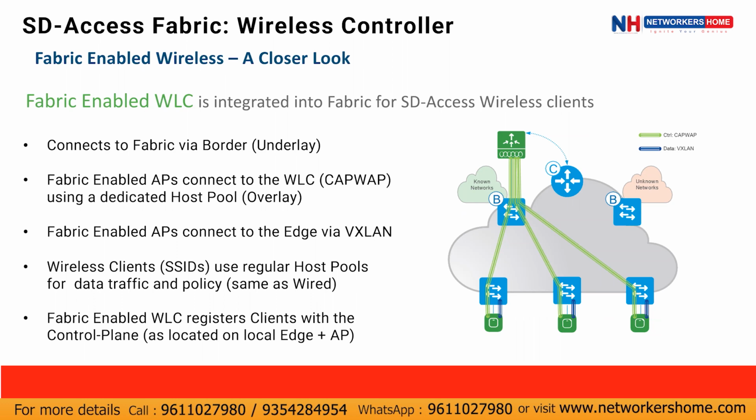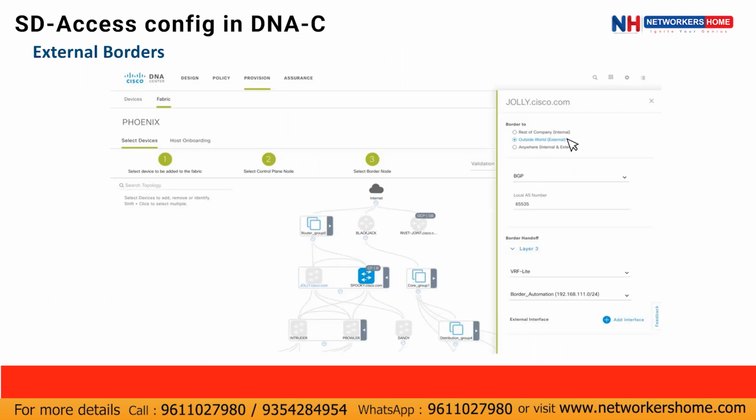So these border nodes are basically the Cat9K switches, correct? Yes. So these Cat9K switches will in turn be connected to some particular router, right? Yes, it is known as the fusion router. We have a dedicated external connectivity session for that, wherein we will discuss the configuration part and, more specifically, what a fusion router is and how it connects.